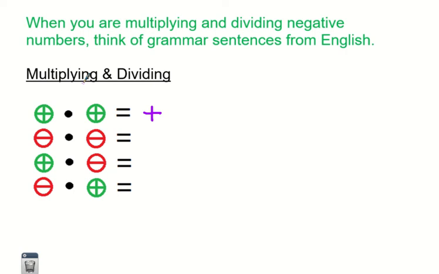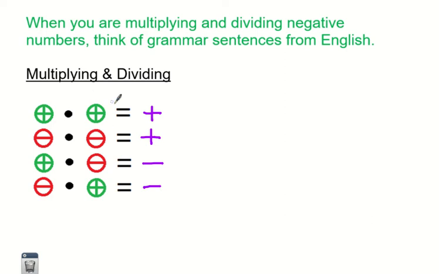So what do you get when you do a negative number times or divided by another negative number? Turns out you get a positive answer. And when you have a positive number and you multiply or divide by a negative number, you get something negative. The final answer is going to be negative. And if it's a negative times a positive or a negative divided by a positive, you get a negative.